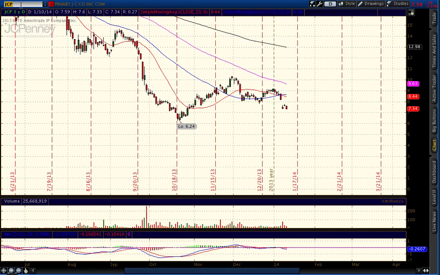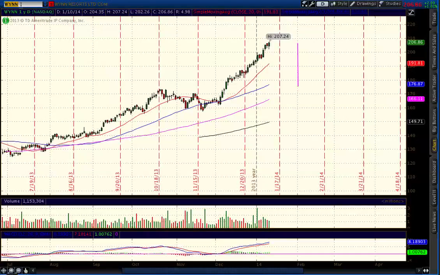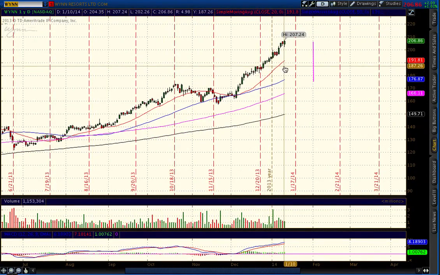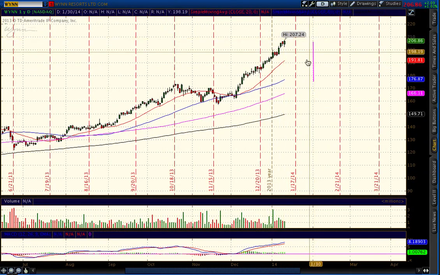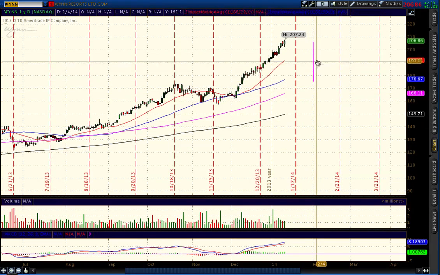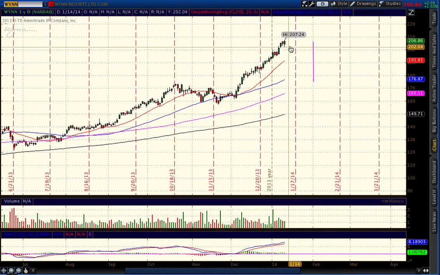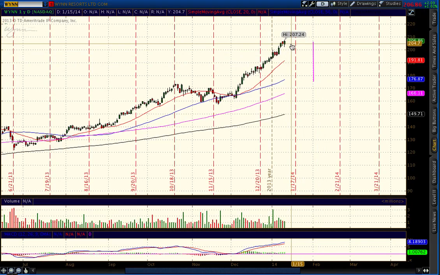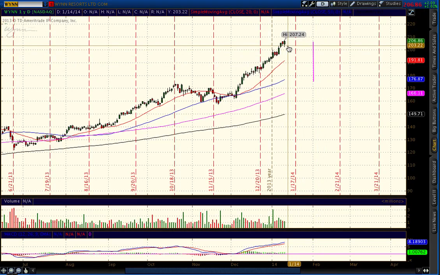And lastly is Wynn Resorts. This stock is massively overbought. Again, keep in mind, stocks can be overbought for long periods of time. I use a proprietary technique to try to get this shorting level. I shorted it just to pierce the 206 level. And it's gone a little bit higher than that, so we'll look to see how that goes this week.